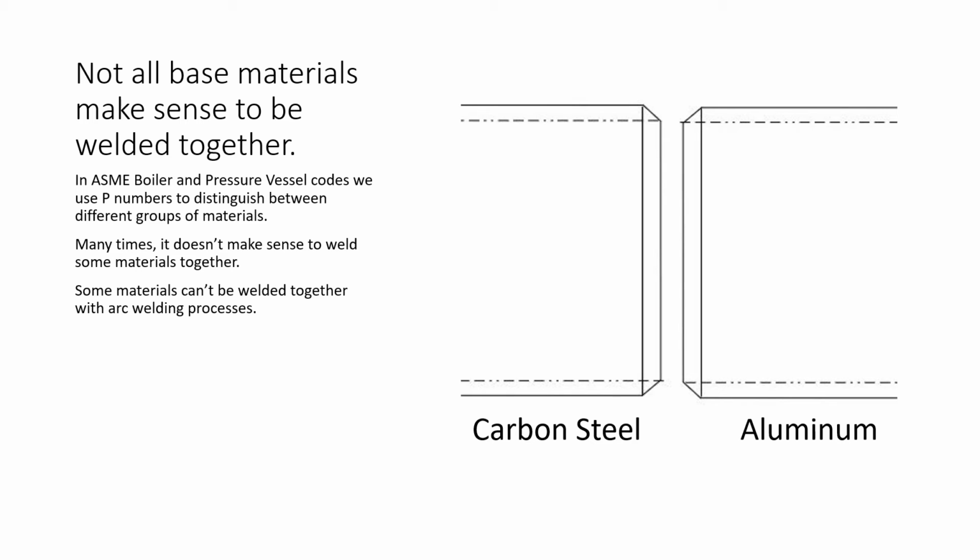Carbon steel and aluminum doesn't work. You can arc weld both of them, but welding them together just does not work. Metallurgically, not going to happen. So these are things that you need to know, and this is an extreme example, but just kind of giving you an idea of things you need to look at when you're putting together your pWPS.